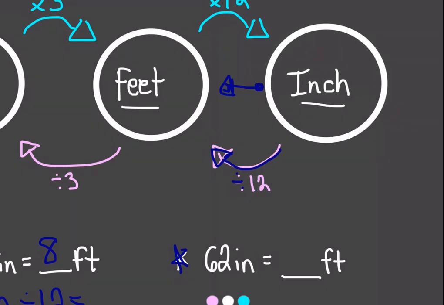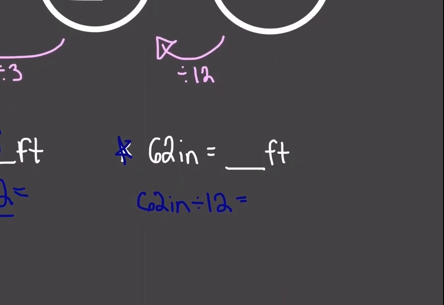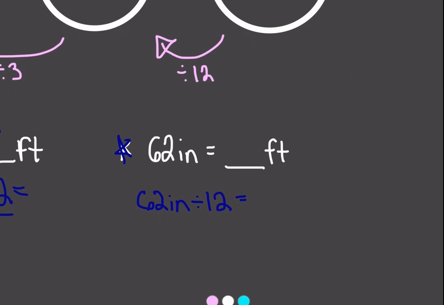So I would set up that problem by saying, okay, 62 inches divided by 12 is what? Well, unfortunately, you know your 12's facts, and you know that you can't divide 62 perfectly by 12.